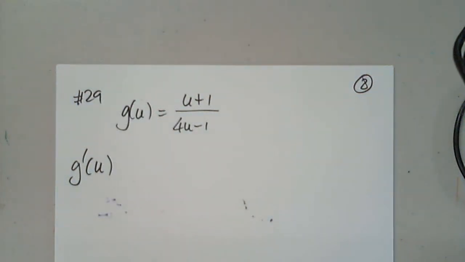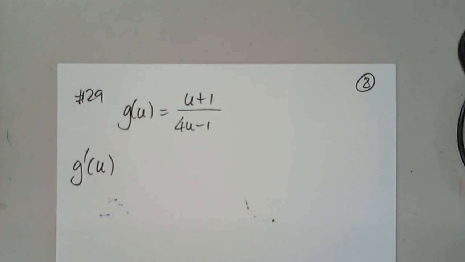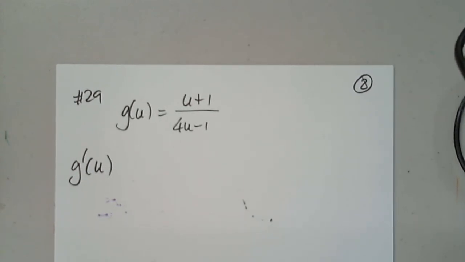of u, the function that gives the rate of change of g of u at any point where g of u is differentiable. How do we start to find g prime of u? What do we have to write?